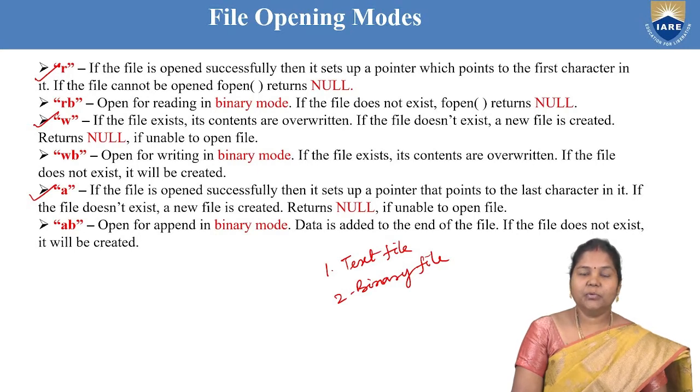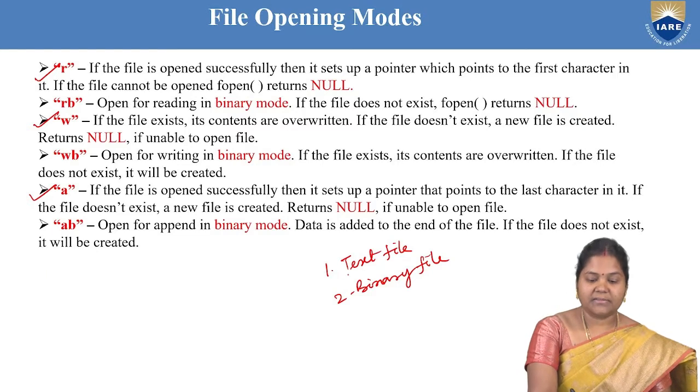Then the third mode is append mode. In the append mode, you can open an existing file with some content and you will find that the file pointer will be waiting at the end of the file, from where you can add some new content to the file.